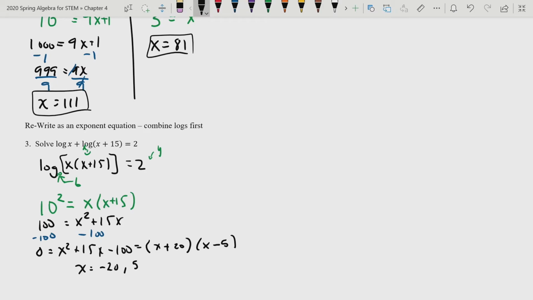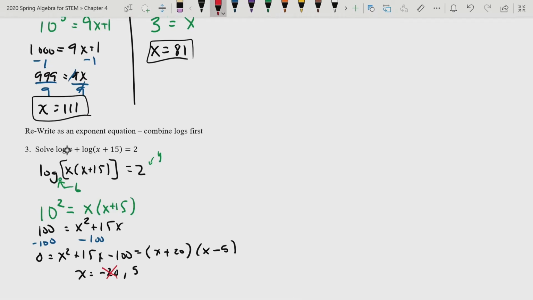When you're dealing with logarithmic equations, you have to make sure that your solutions don't put anything outside the domain of a log. Here, in our original equation, we have the log of x plus the log of x plus 15. And if you plug in the negative 20, in here you have log of negative 20, and you can't plug a negative into a log, so this is an invalid solution.